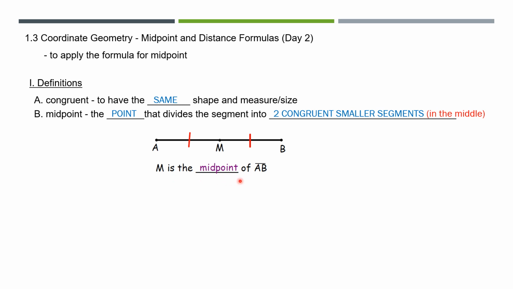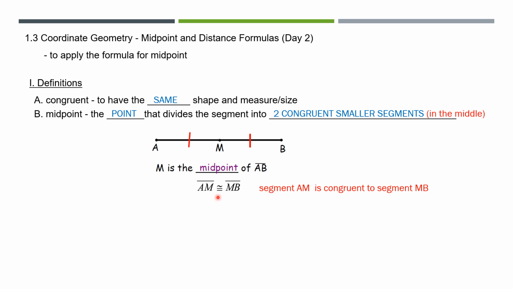M is the midpoint of segment AB. What do we know about a midpoint? A midpoint makes two congruent segments. So the next thing that we can say is that segment AM is congruent to segment MB.